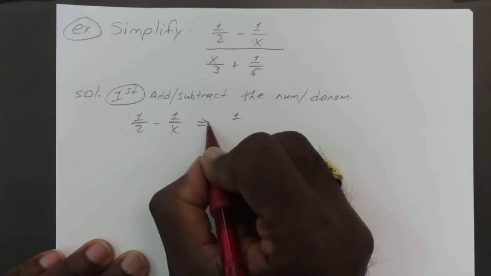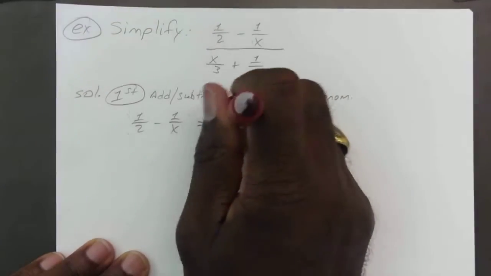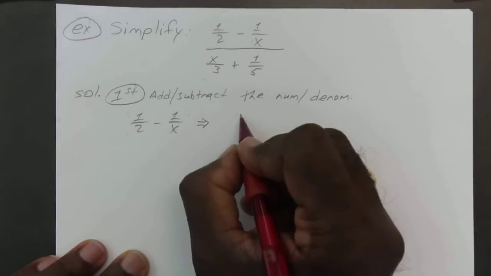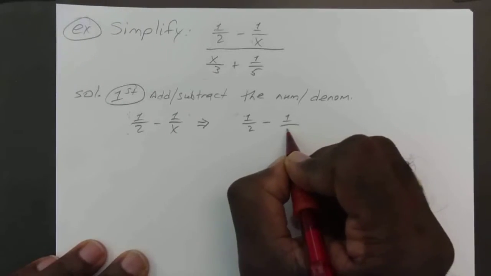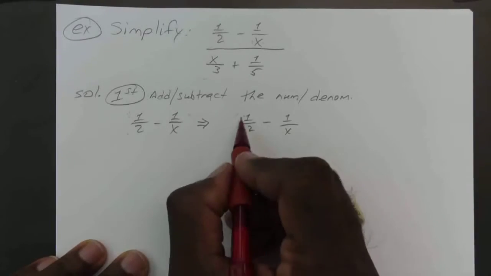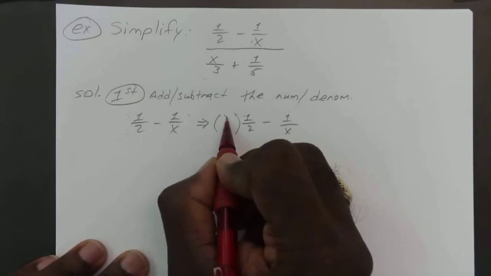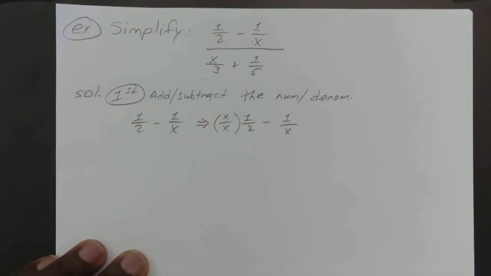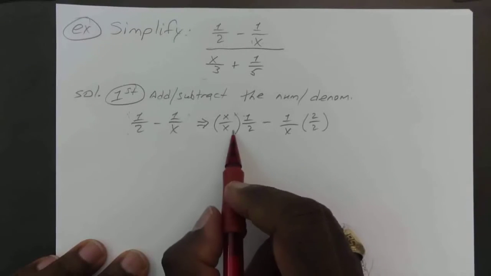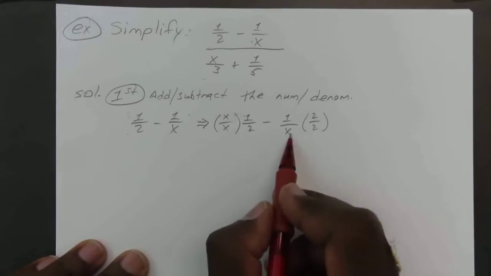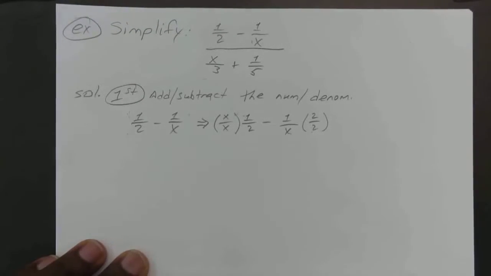So if you have, let me give that a little more room so you can see the steps, 1/2 minus 1 over x. You multiply this one by x over x, and multiply this one by 2 over 2. You now have 2x in this denominator and 2x in that denominator. So they match.